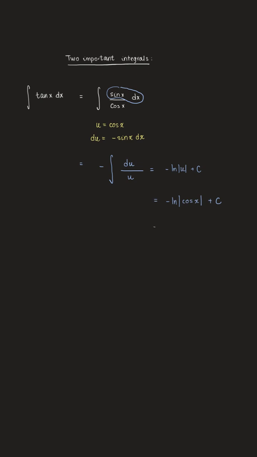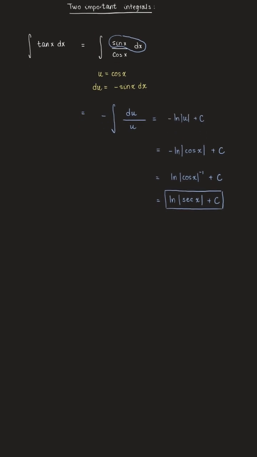So that negative 1 can be written as an exponent, cosine to the negative 1 power plus c, which is 1 over cosine, and the reciprocal of cosine is secant. So this will result in the natural log of secant of x plus c. So there is the integral of tangent of x is the natural log of secant x plus c.